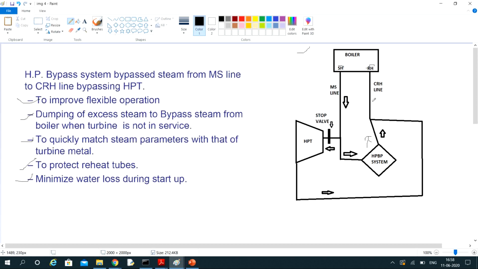That CRH line will lead to the reheater system and the steam will flow through the reheater tubes. So this is a basic HP bypass system. It bypasses the turbine and establishes a flow from MS to CRH and finally to the reheater tubes.